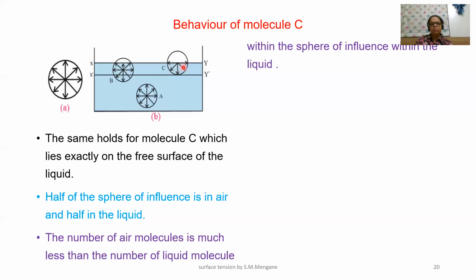These liquid molecules exert a force of attraction. It is a cohesive force on C. These air molecules exert an adhesive force on C. But even if the portion on either side of the diameter is the same, the density of air molecules is small, and hence the number of air molecules in the upper part is small as compared to the number of liquid molecules. Therefore, the force exerted by these liquid molecules, which is no doubt a strong force as it is a cohesive force and also the density is greater, wins.